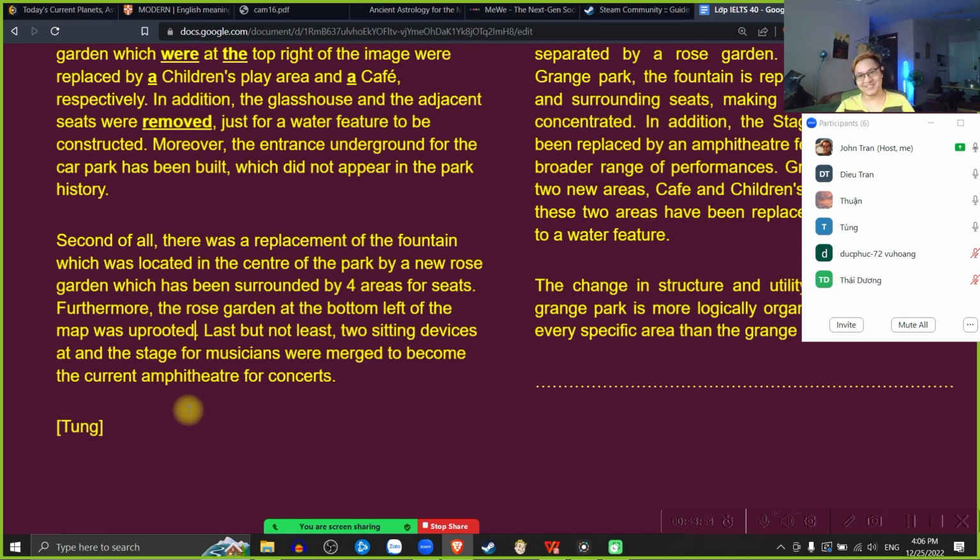Okay, I'm just joking, of course. No, don't you do that. The bottom left of the map was... Mình không dùng động từ, mình có thể dùng cái dạng danh từ của nó để tránh lặp lại, mà vẫn dùng một cái từ đó nhưng dạng khác của nó thôi. Instead of using the verb, you can use a noun of the same word.